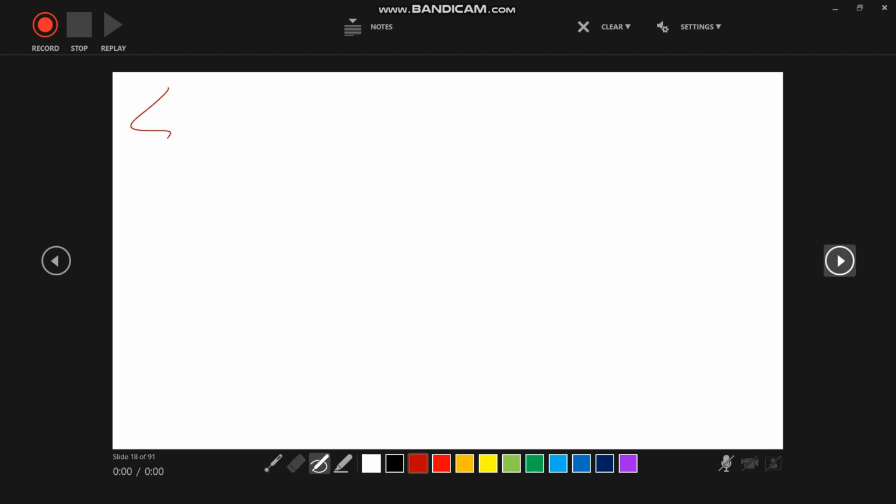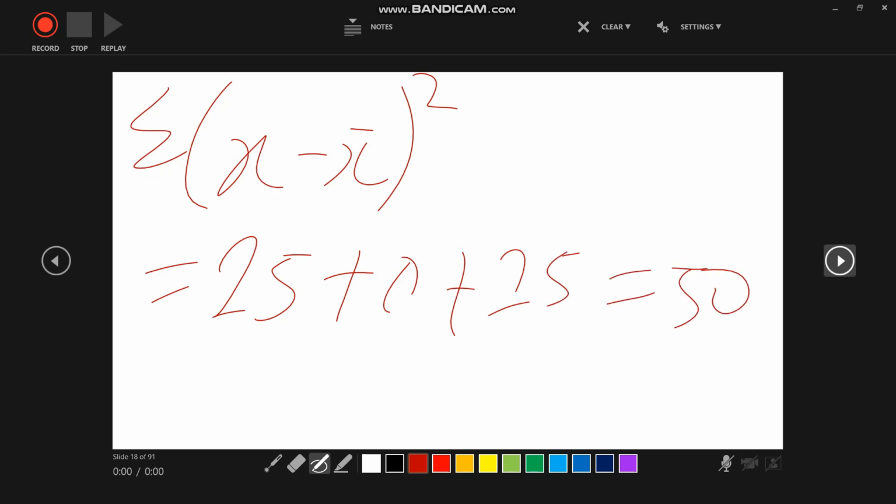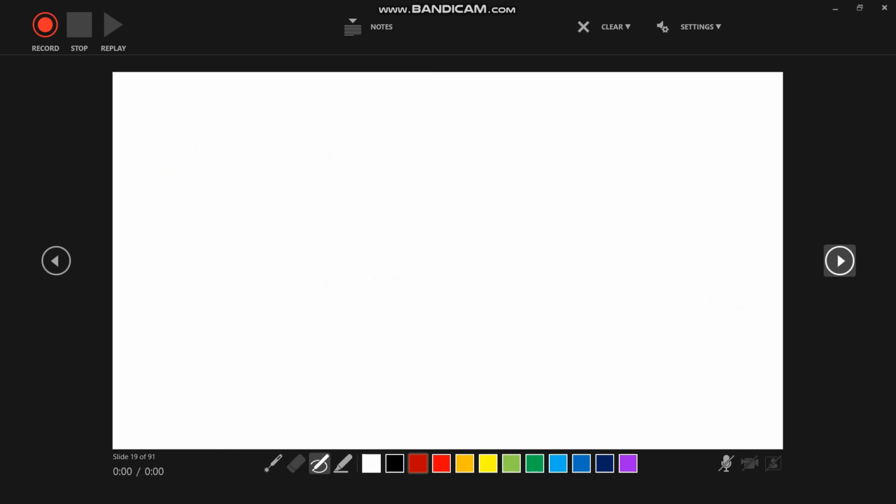So the summation of x minus x bar squared will be equal to 25, the first one, plus 0 plus 25, and everything is 50. So the variance will be 50 divided by 2, sorry.